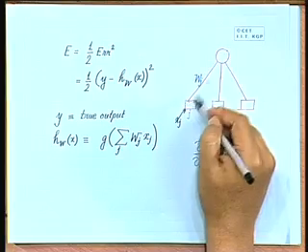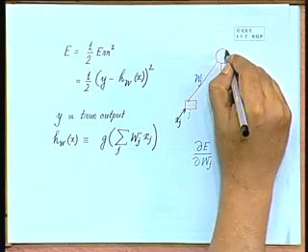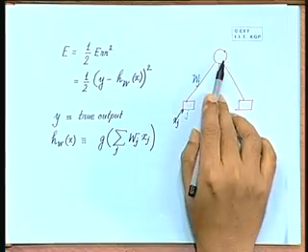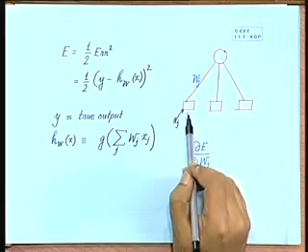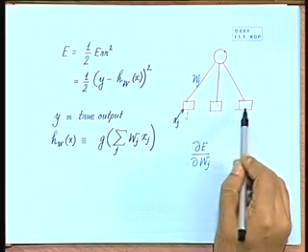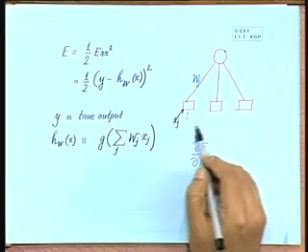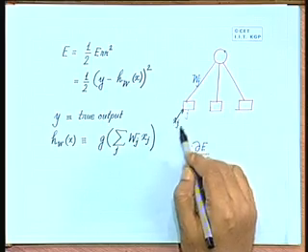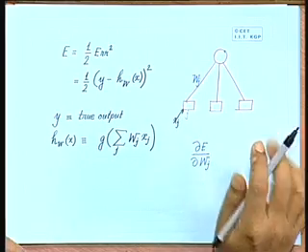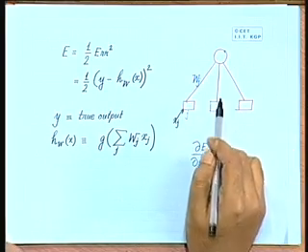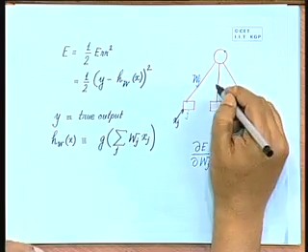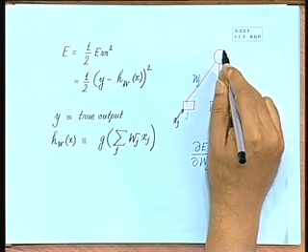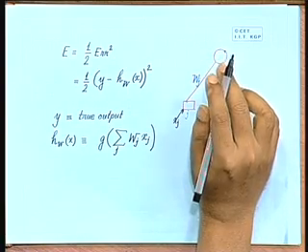If you take just one neuron, then these are the inputs that are feeding into that neuron. Xj is the value of the jth input. Wj is the weight of the link connecting the jth input to the output unit.